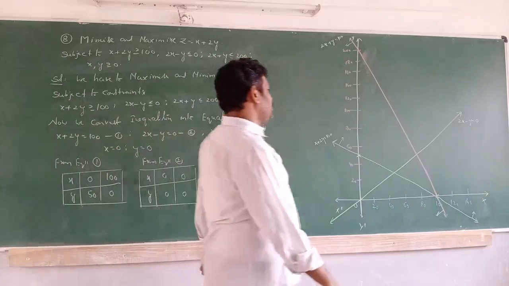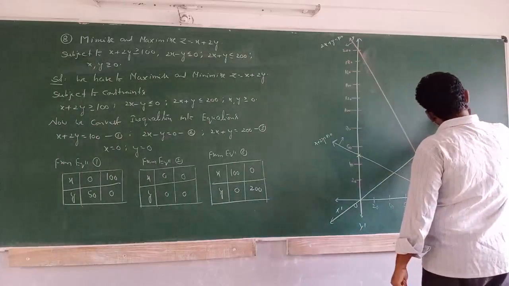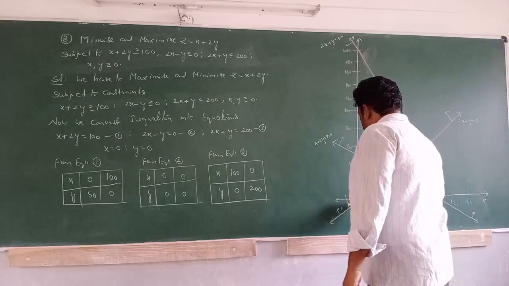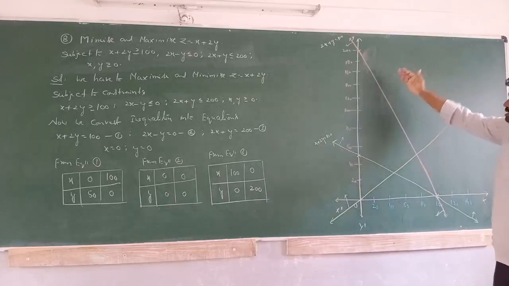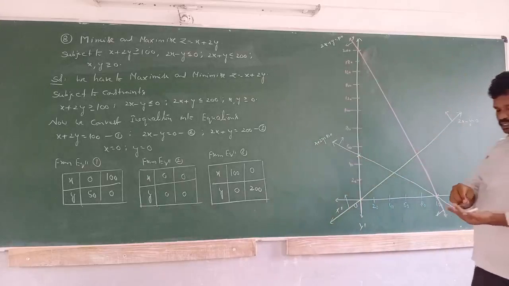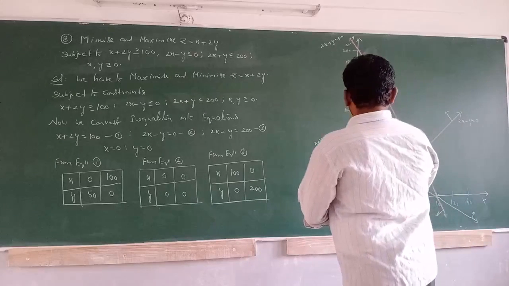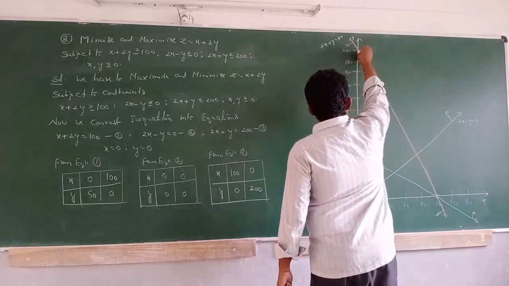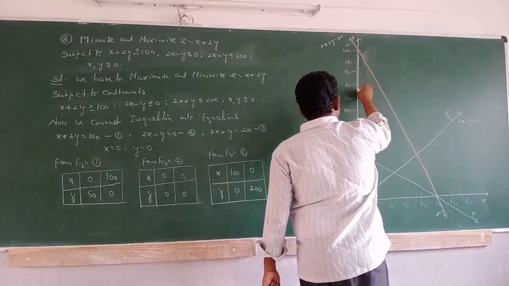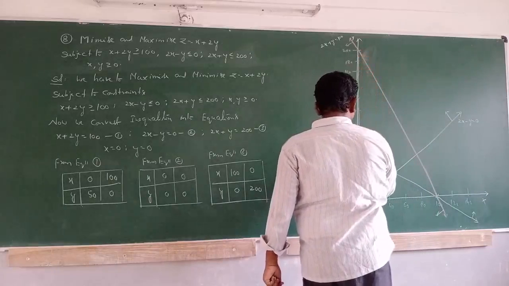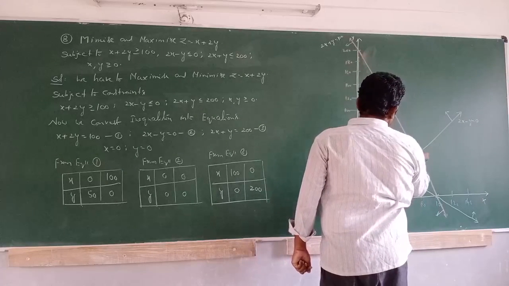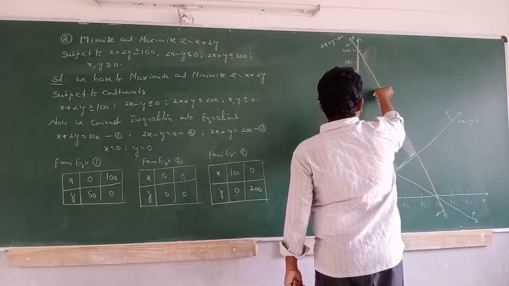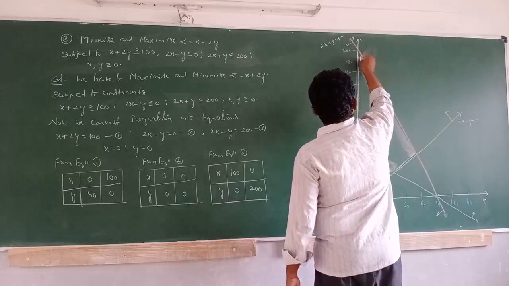So that's why you take this region. In this region, see, this is the side line and this is the side line. Now this is the common portion of the given inequalities. So this is the feasible region.